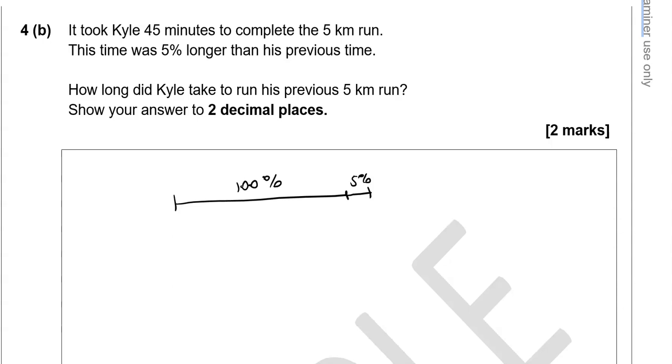And that is equal to 45 minutes. So 45 minutes is equal to 105%. What we need to work out is what is the 100% amount, the original.